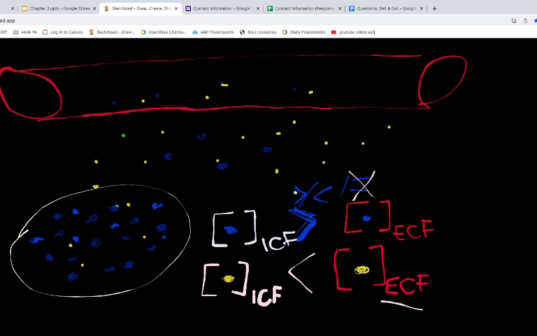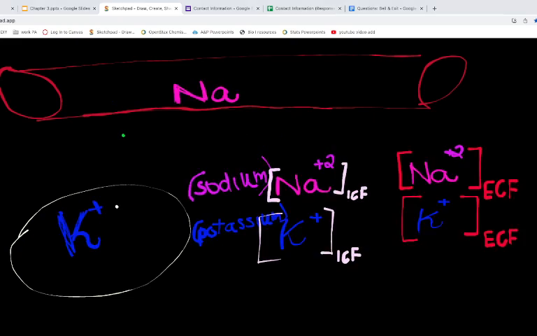And the way that things move and the biological processes that happen in our bodies, which therefore happen within our cells, are due to these concentration gradients. Concentration gradients occur because there is an unequal concentration of particles on the inside of the cell versus the outside of the cell.